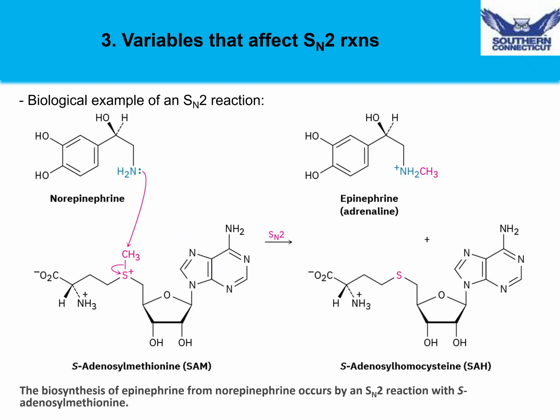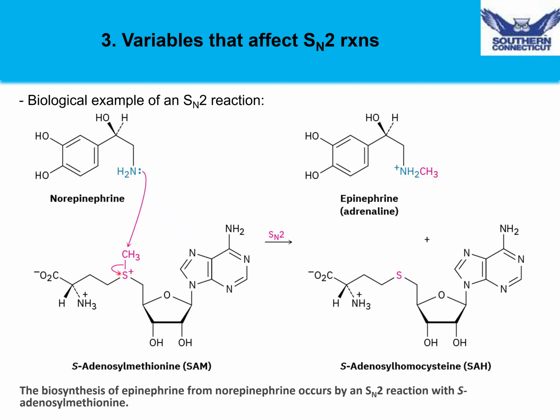There are many biological examples of SN2 reactions, but here's one. So norepinephrine contains a nitrogen, an amino group, that is a pretty good nucleophile that could react with this particular carbon that has this sulfur with a positive charge.